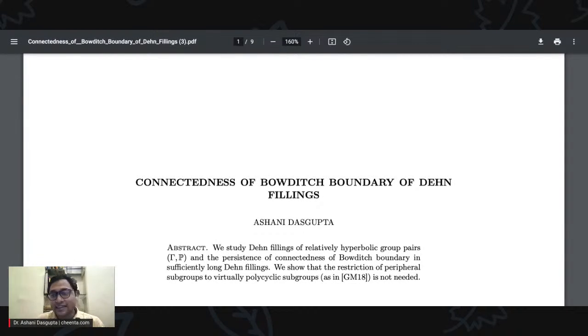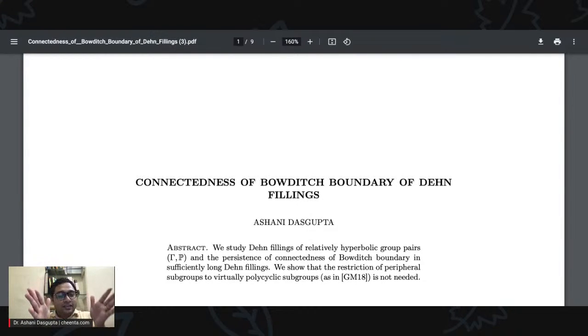Sometimes they can be regarded like that, and it's often useful to study that particular space and the action to understand the group theoretic properties, the algebraic properties of the group. Okay, so that's exactly what we do.